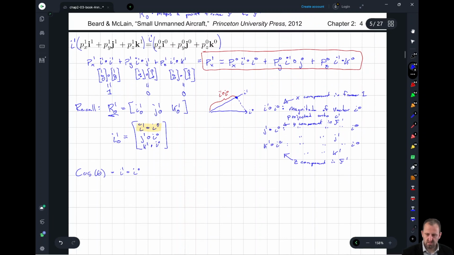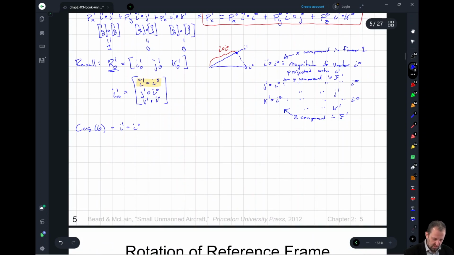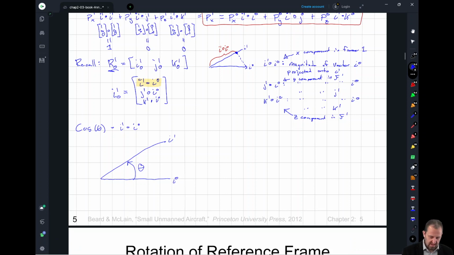Okay, so let's get some intuition where that comes from. Any two vectors, in this case they're I0 and I1, we can define the angle between those two vectors. We'll say that's theta. This angle theta can be described in terms of the dot product.